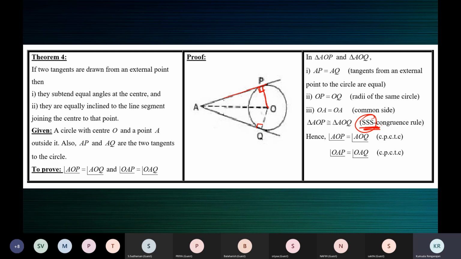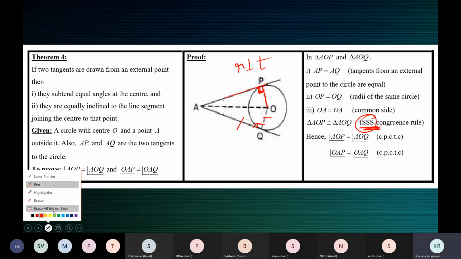I'm saying when you introduce 90 degrees, radius perpendicular to tangent, so 90 here and 90 here, you can make SAS, side angle side, or RHS. But you can use anything. SSS is conventional, what you see in the books.